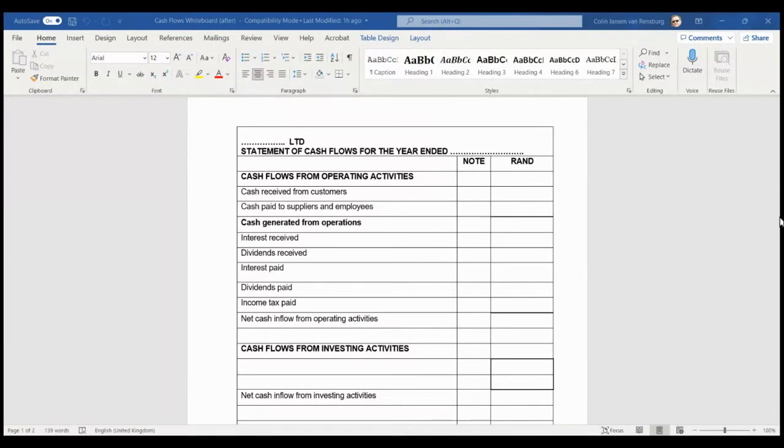You'll find it in the comparative column of your statement of financial position. Your closing balance for that debtors account, where will you find that? You will find that in the current year column, also of your statement of financial position. So from your statement of financial position, you can get your opening balance for debtors and your closing balance.